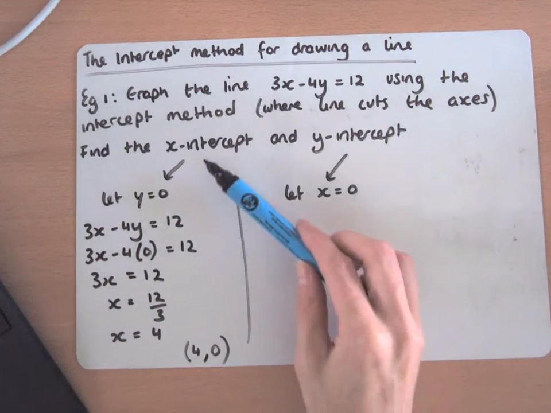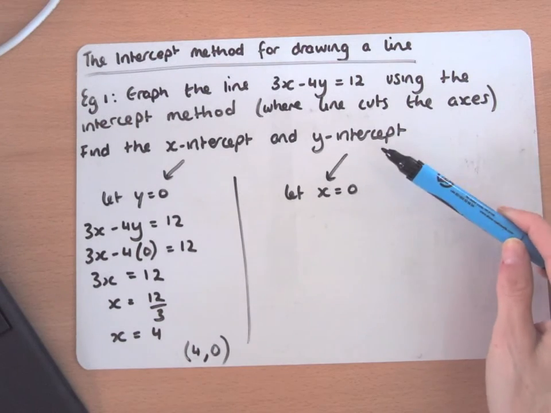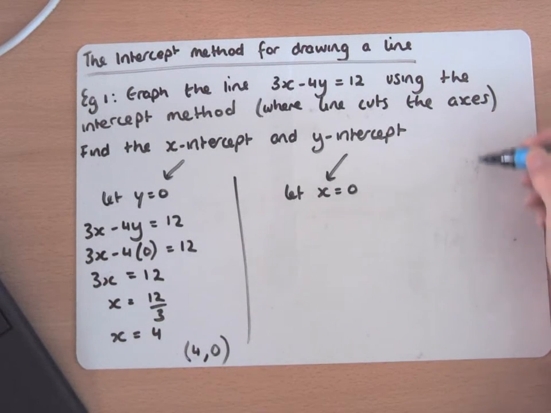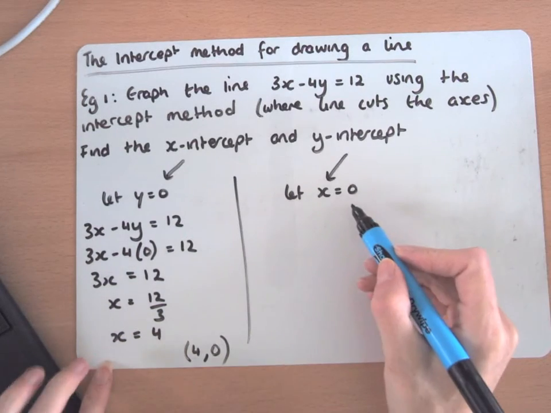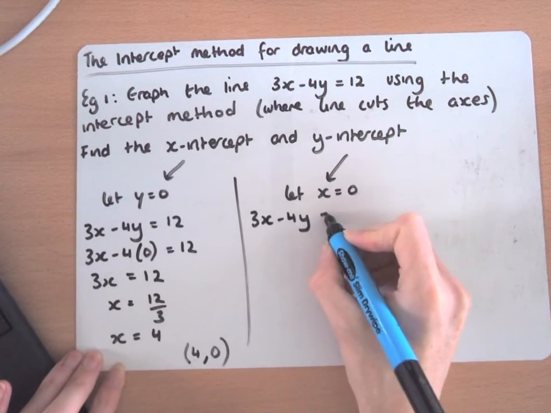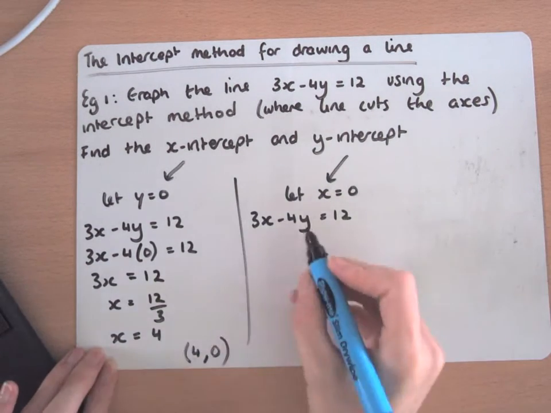Now we found the x-intercept. We now need to find where it cuts the y-axis, the y-intercept, and we know it cuts the y-axis when x is 0. So let's let x equal 0 in my equation. Write down your equation. Instead of x, put 0.